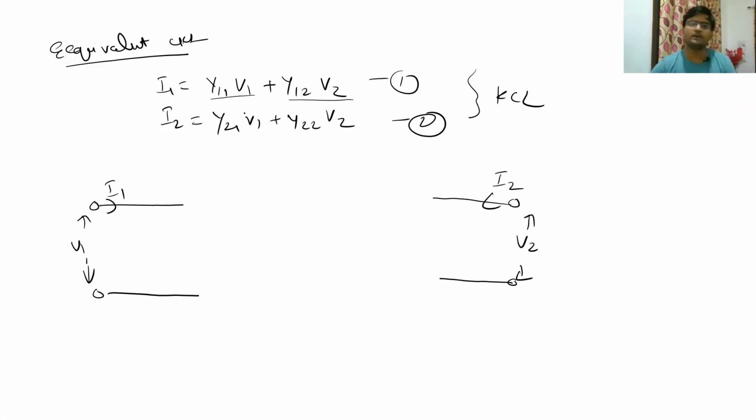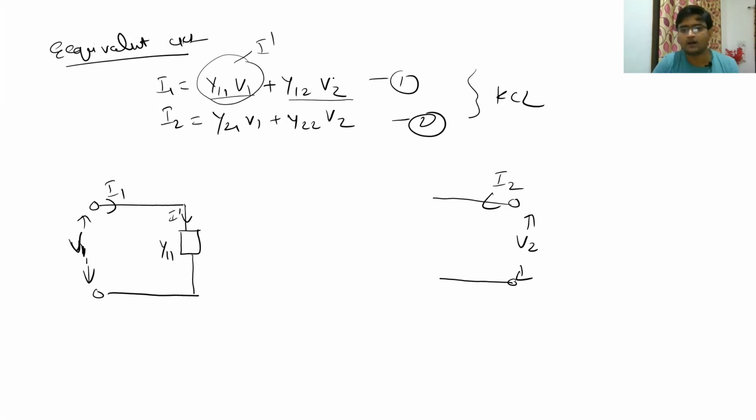Since we have V1 voltage at input, if we multiply an admittance here, which we can call Y11, then this is Y11 V1. So this current entering here, let me call it I dash, will be represented as Y11 V1.